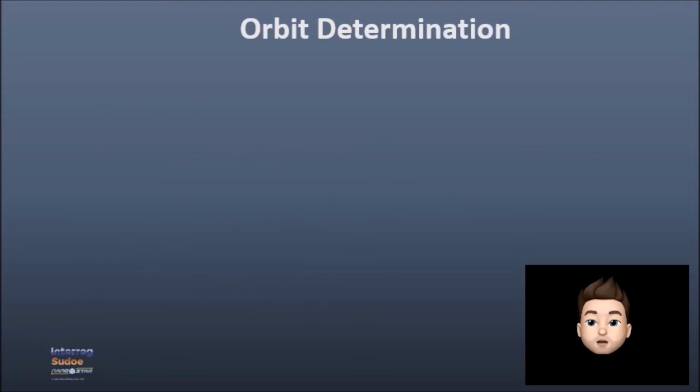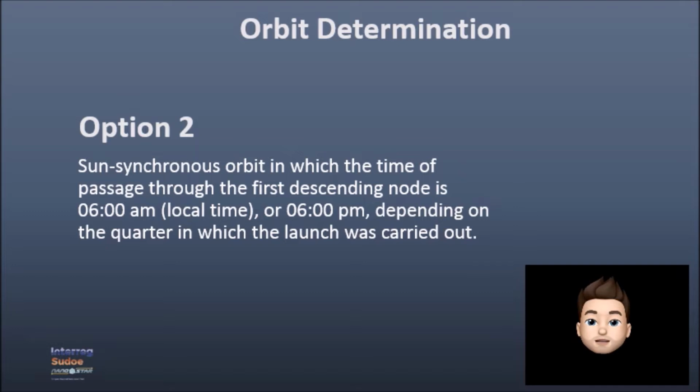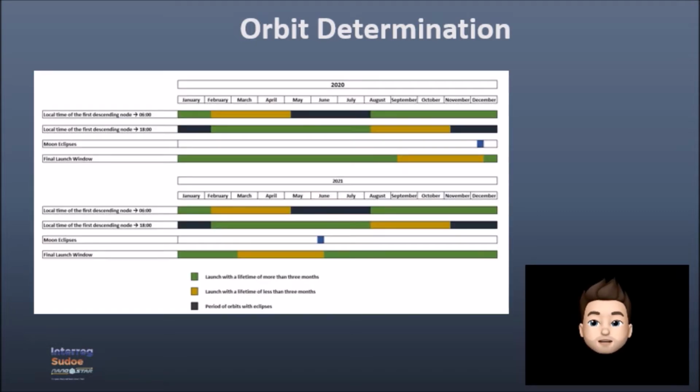The second option is choosing the time of the first descending node depending on the date of the year in which the launch is carried out, to avoid eclipses during at least 3 months. In this way, an eclipse-free window could be achieved if the appropriate launch is selected, taking special care to launch at least 3 months before or just after lunar eclipses, as these ones cannot be avoided.